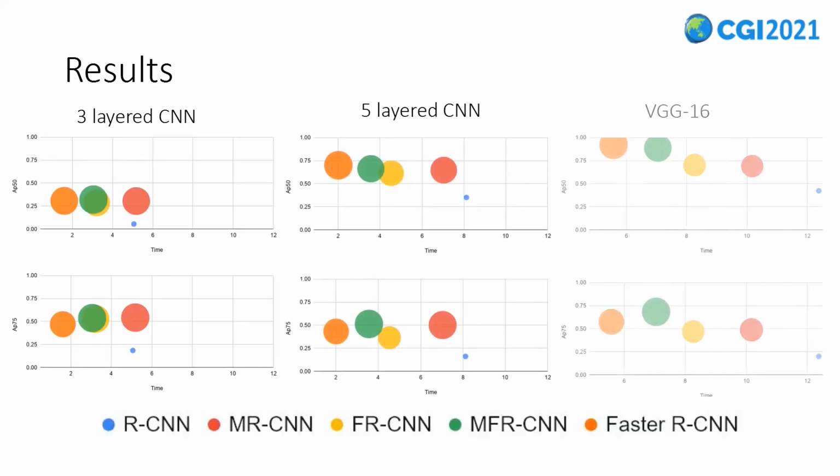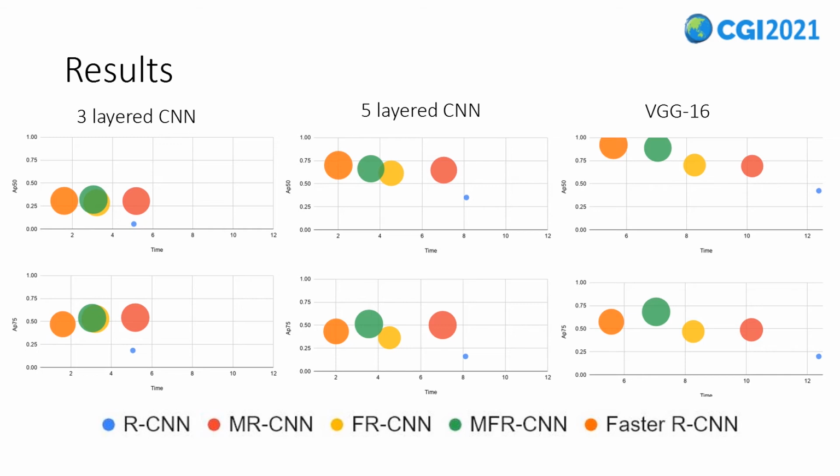The presented graphs illustrate the performance of the models with respect to average precision in 2 IOU thresholds and inference time. The blue bubble represents RCNN, red represents modified RCNN, yellow for FRCNN, green for the modified FRCNN, and orange for faster RCNN.